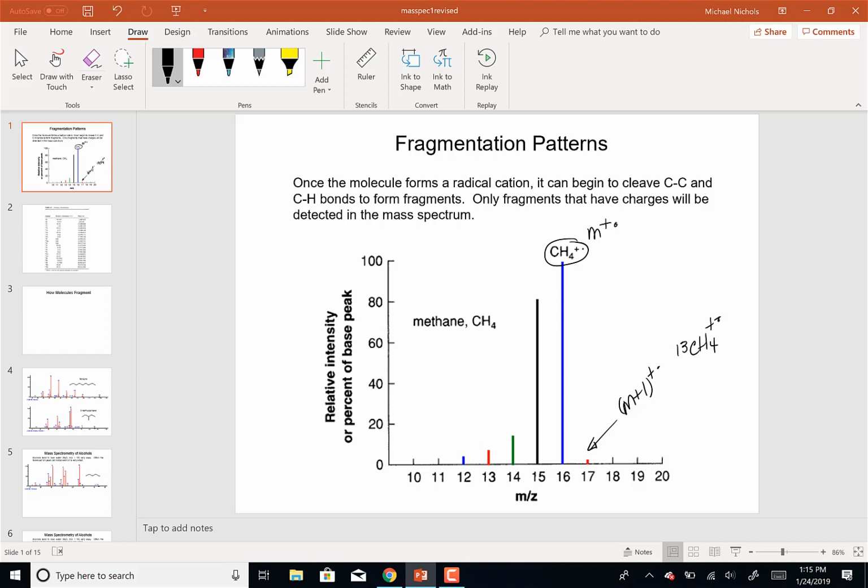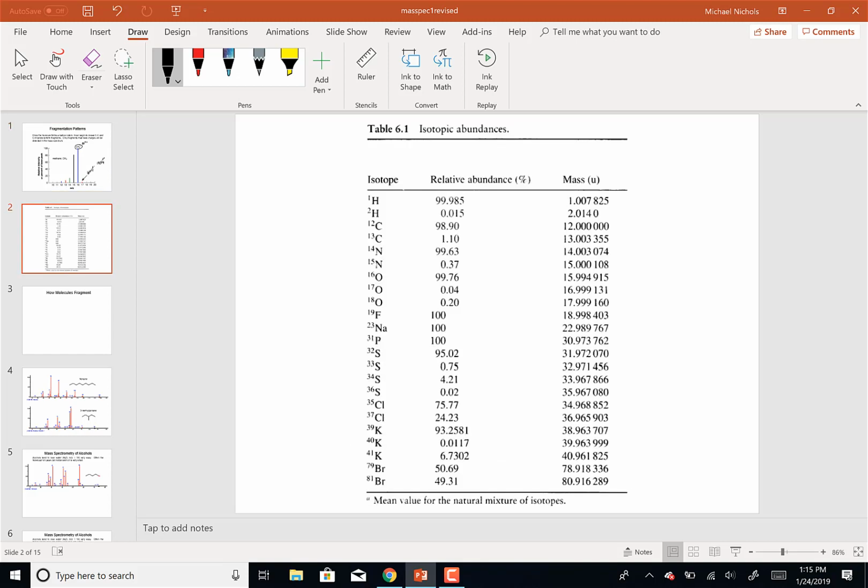So that M plus 1 peak, this is the isotope table from last time, so we can say carbon 13 is 1.1%, and the carbon 12 peak would be 98.9% of the carbon. We're not going to see carbon 14. And we're going to see these percentages of the different nuclei unless we've isotopically enriched them.